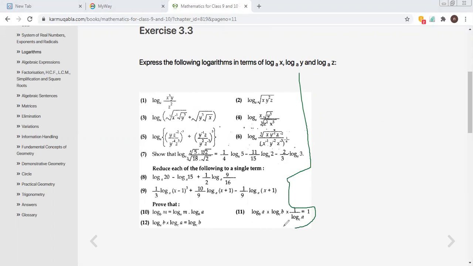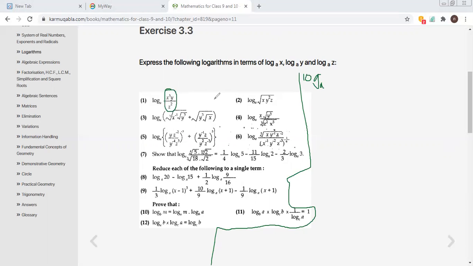So we know if this is solved first, log of a. I am opening question number 1 with the help of law 2. This will be solved by law number 2 because the fraction form is involved in question number 1.